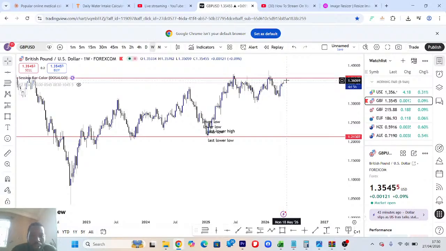I will say it again: a bullish market is where market creates higher highs, and a bearish market is where market creates lower lows. So whenever there's a change of character, it means that market actually broke the current higher low in the bullish market or a lower high in the bearish market.